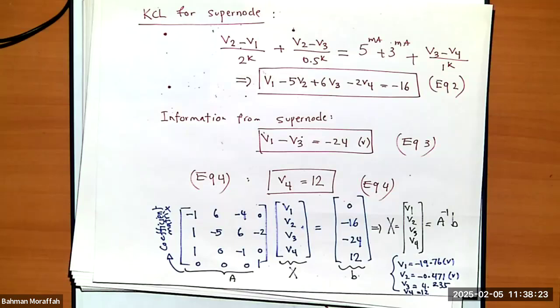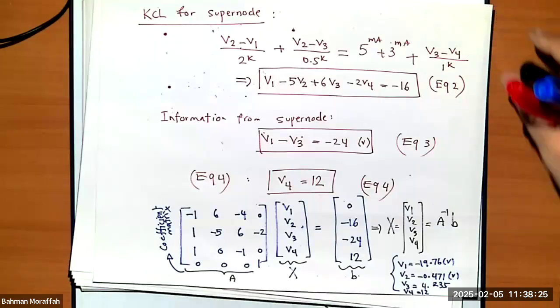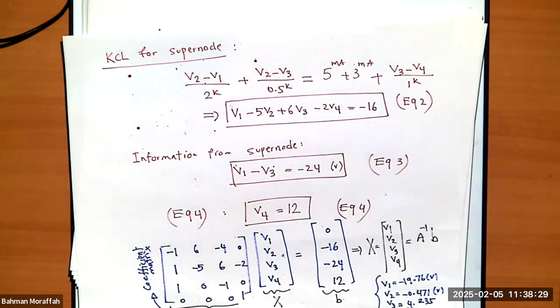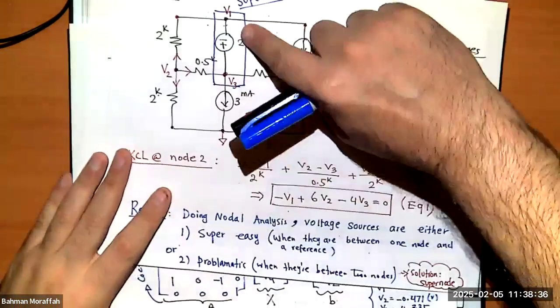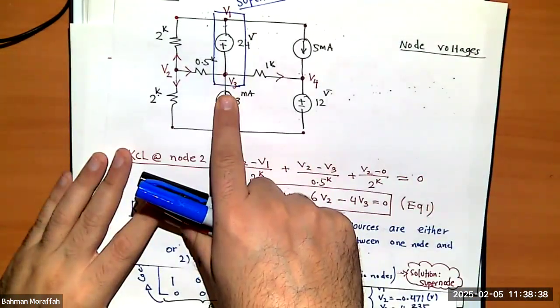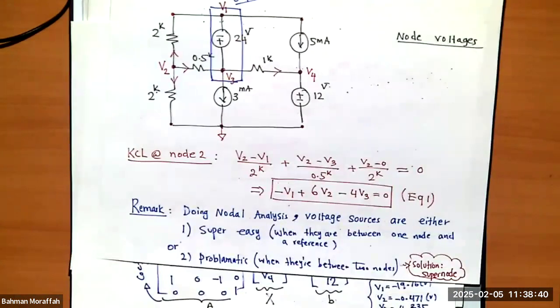In this case, the information was V1 minus V3 equals minus 20. Does that make sense, what's happening?